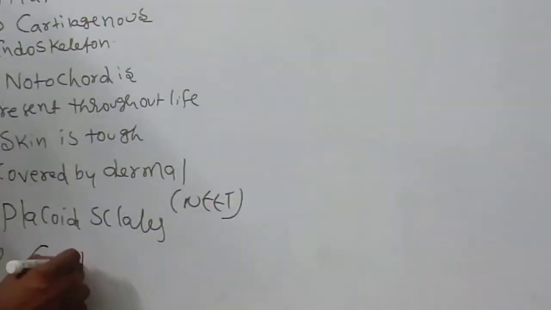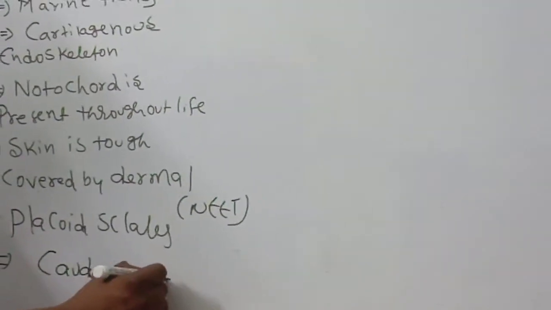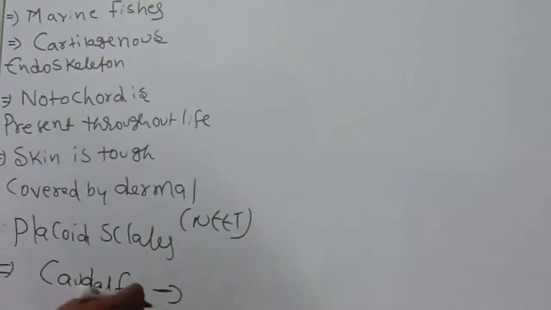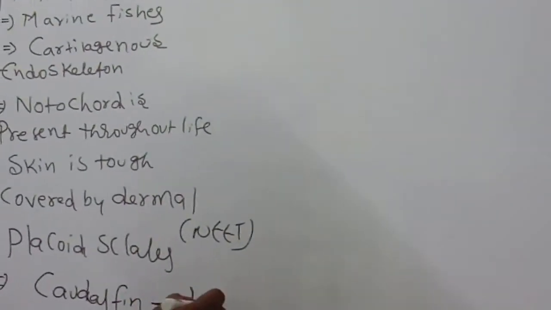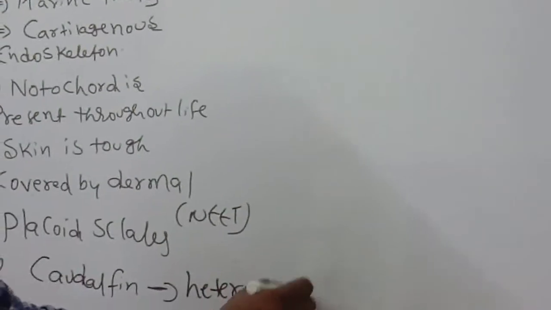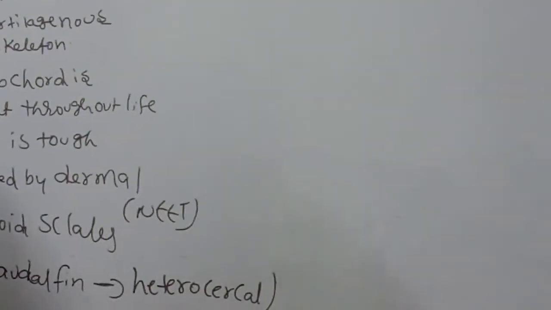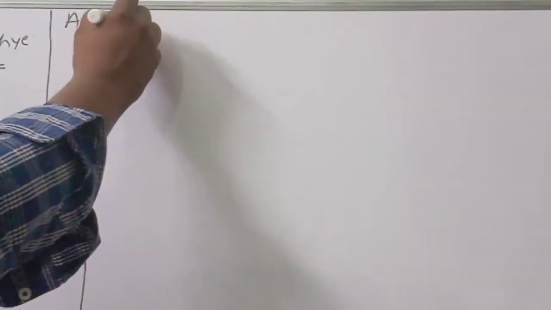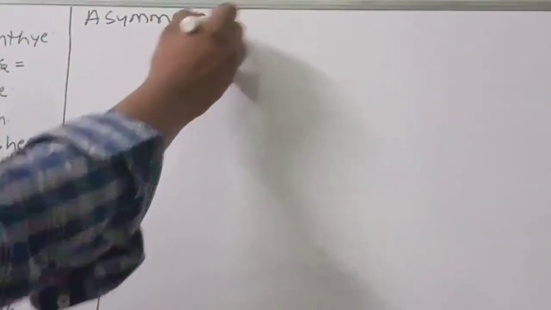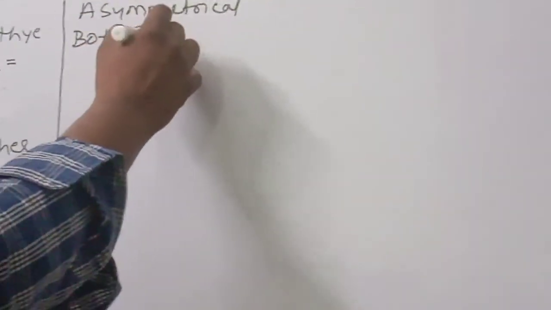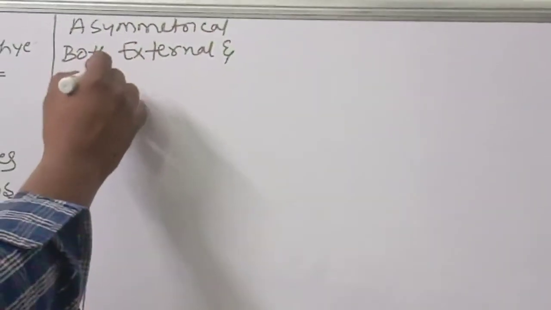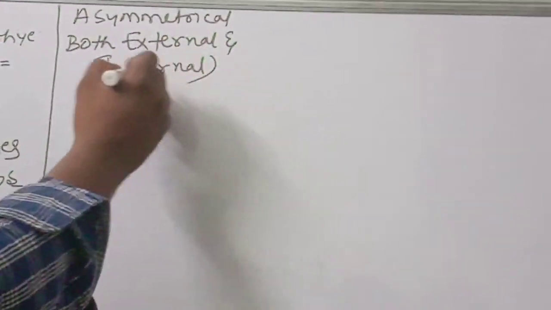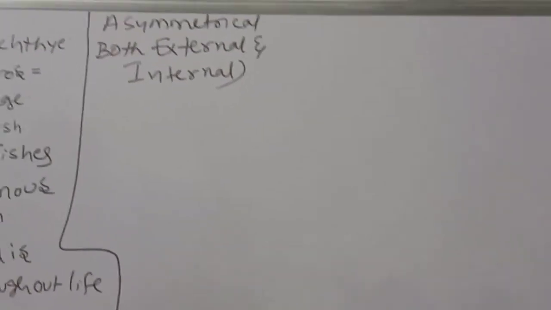It will be a different tail, asymmetrical both externally and internally. Internally asymmetrical, externally asymmetrical. That's why it is called heterocercal.